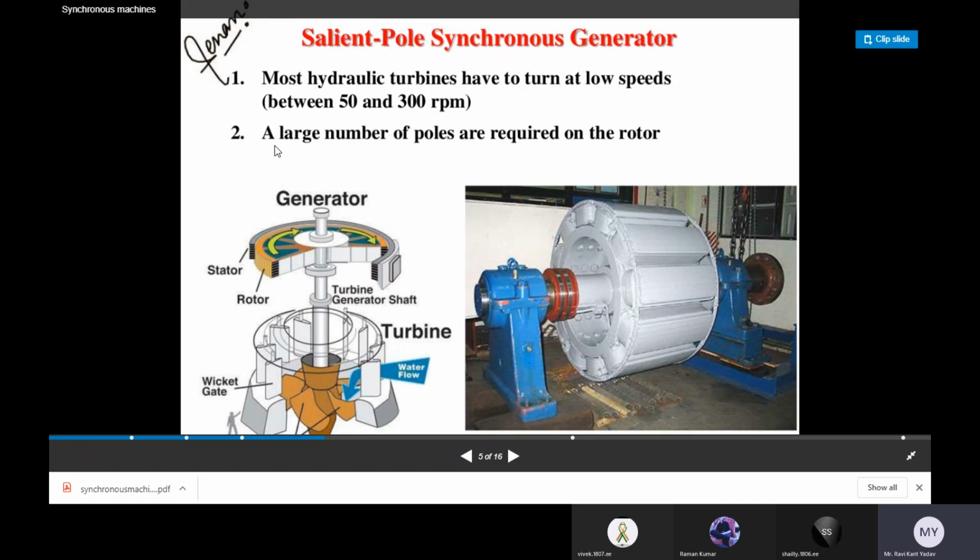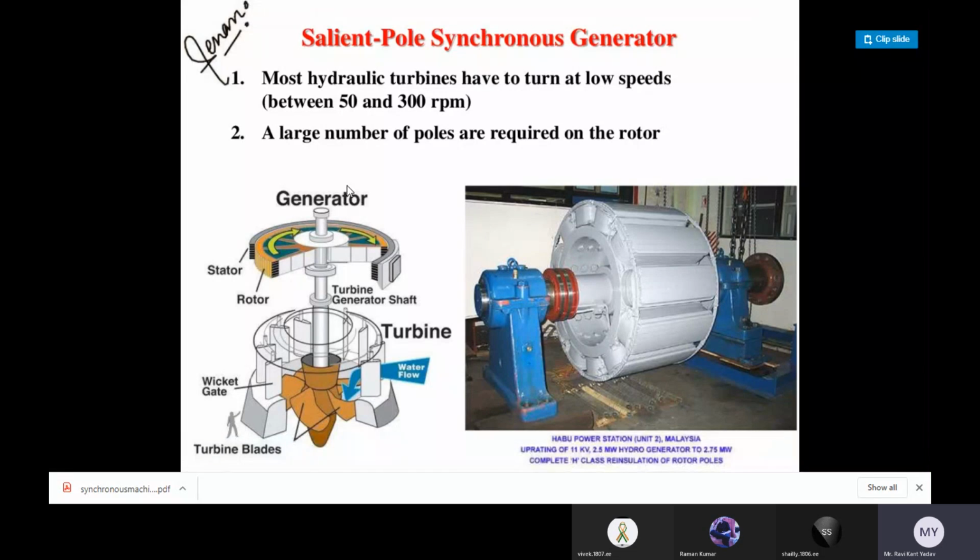And now the generator used is a salient pole synchronous generator. As I earlier told, the salient feature of the salient pole synchronous generator is that it has a larger diameter and lower axial length. It operates at low speed, around 50 RPM up to 1500 RPM maximum.